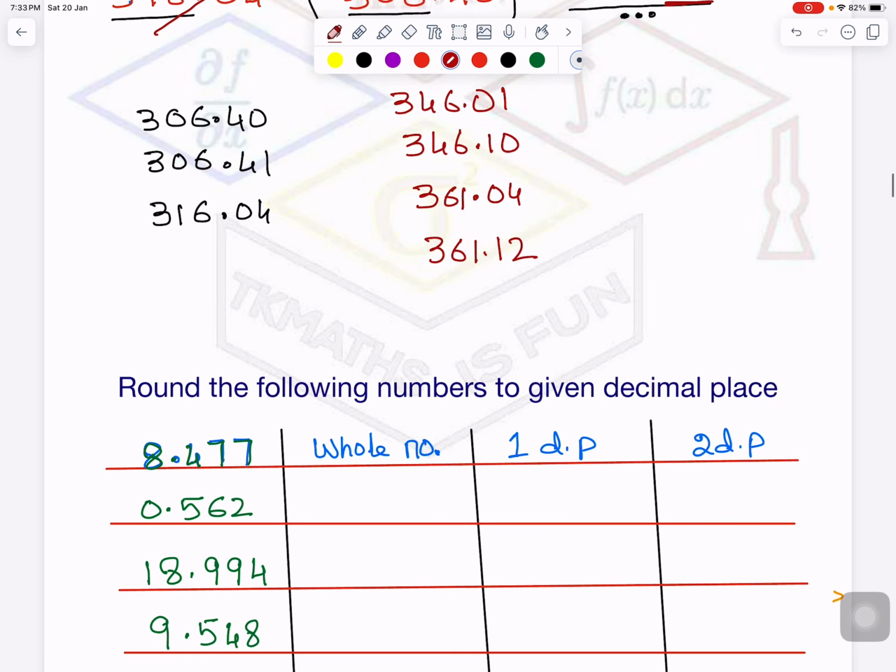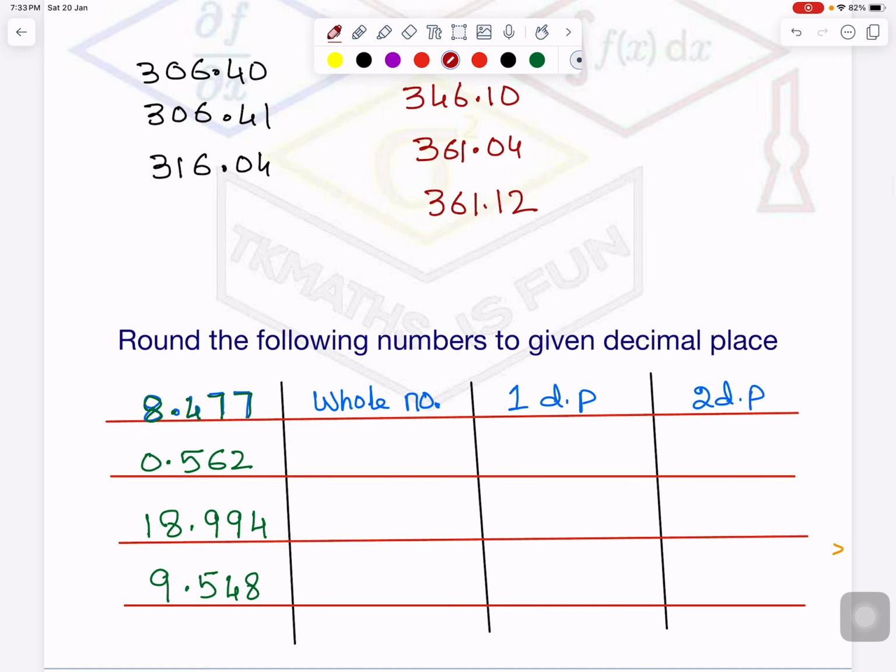Now the last question of this video is rounding of the number to the given decimal places. So you know why I'm talking about all this, because when word problem comes, so at times question says write down in 4 decimal place or 2 decimal place. So you should know how to round it off then. So the first number, now let me number them again: first, second, third, fourth.